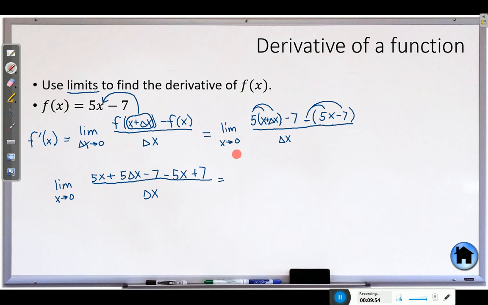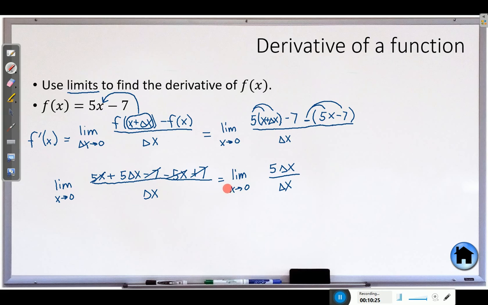So let's simplify and get rid of everything that doesn't need to be there. A positive 5x and a negative 5x cancel. A negative 7 and a positive 7 cancel. What is left over? On the top we have 5 delta x, and on the bottom we have delta x.